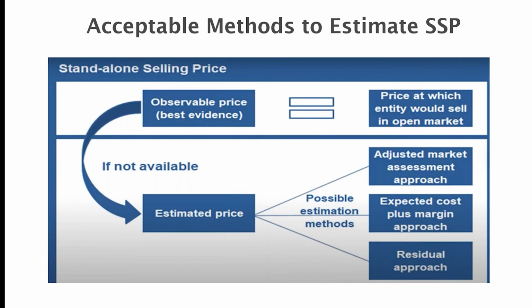So what does that mean? This is an external looking factor. It means that if I am pricing something and I know what my competition, my external sources, are pricing this good for, then the guidance allows me to use that as the standalone selling price.